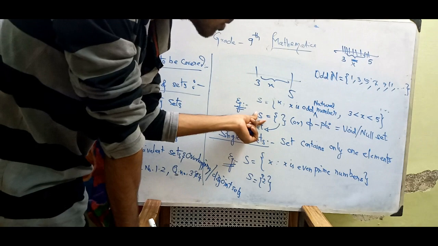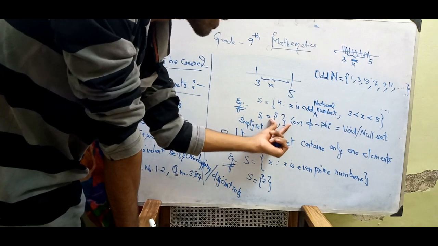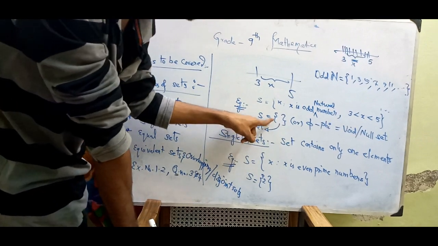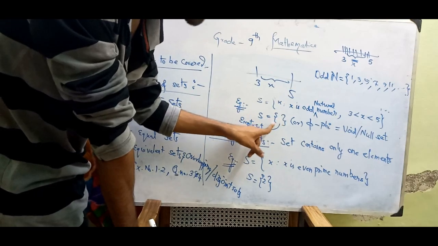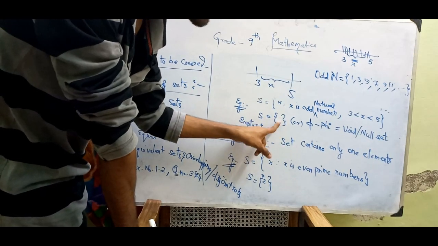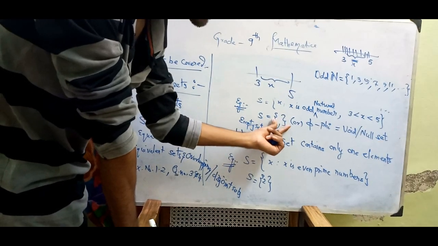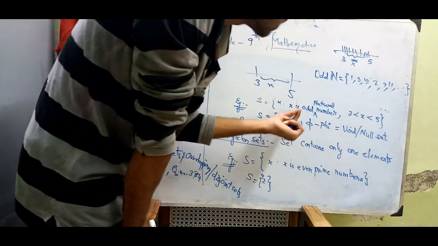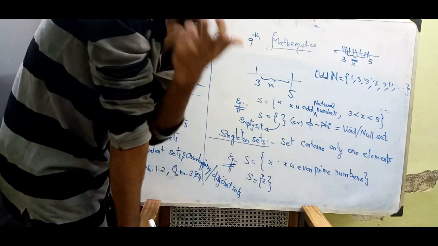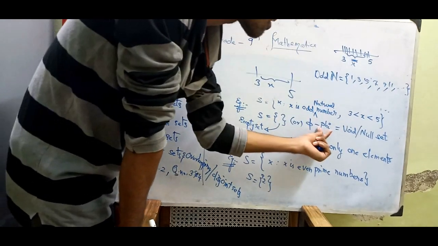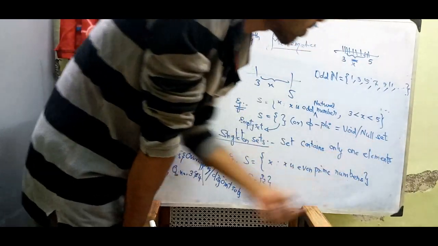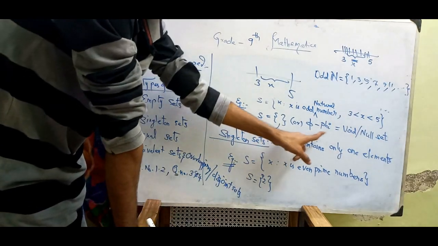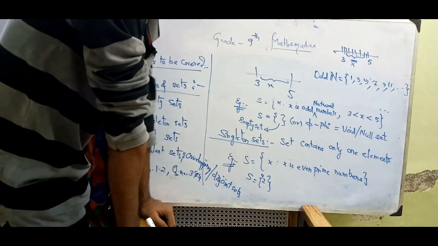That is why it is denoted as S equal to, in this way, a left curly bracket and a right curly bracket with nothing inside. This is denoted as the empty set, or you can denote the empty set as phi. You can pronounce this as phi, or void set, or null set.